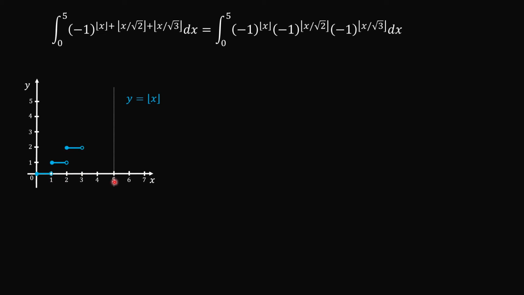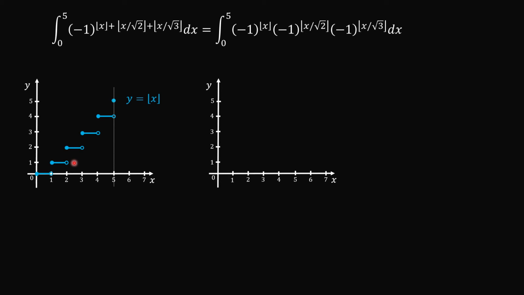From 2 to 3, the value will be 2. From 3 to 4, the value will be 3. From 4 to 5, the floor there will be 4, and that will be it. Obviously, at 5, the value will just be a single value of 5.